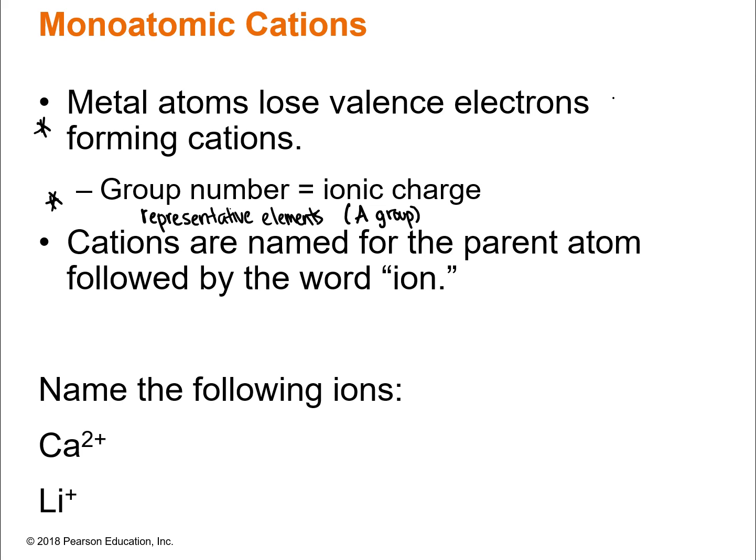To name a cation, you just take the name of the parent atom on the periodic table, write that down, space, and then write the word ion. So for example, Ca: you look that up on the periodic table. It's a representative element. Great. So the way that you name it is by writing the name of the atom, calcium, followed by the word ion.